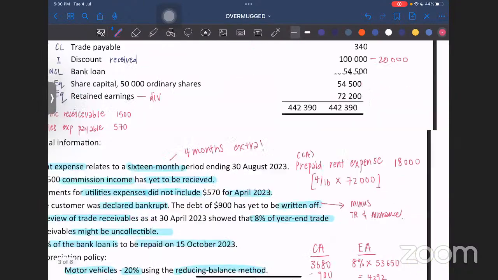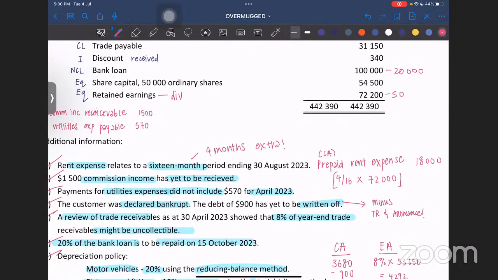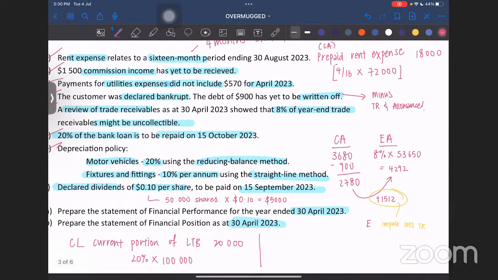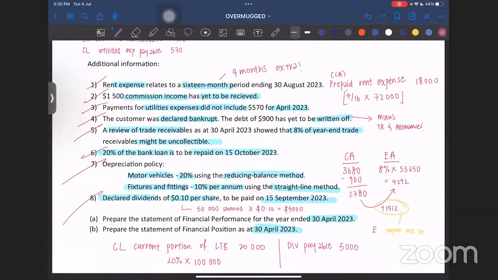Okay, so for here, I will just straight away deduct 5,000, because I will straight away minus dividend. Then this dividend, I'm not going to pay now, right? So this one will be a dividend payable. So I'll create a dividend payable 5,000. Okay, and we are done.